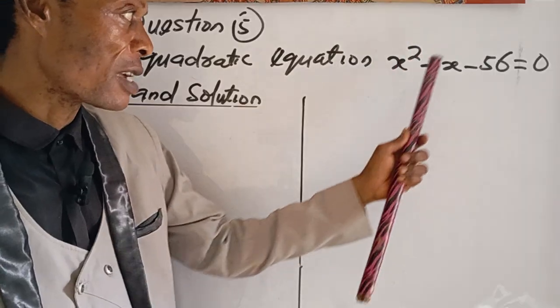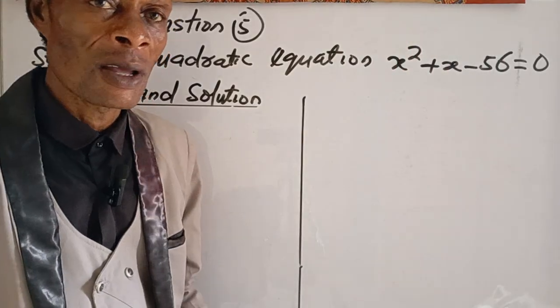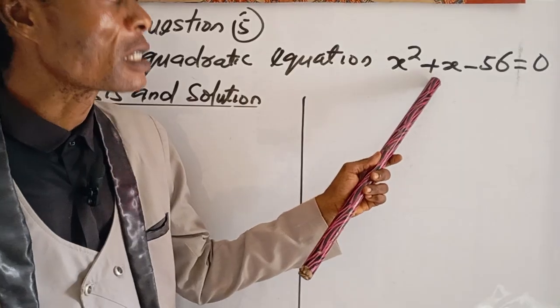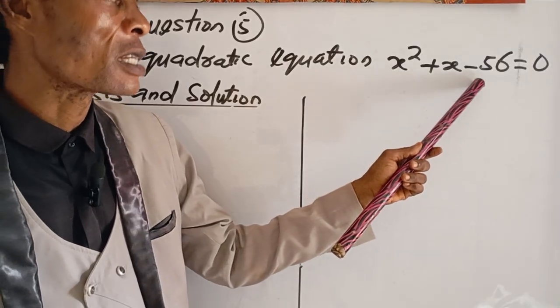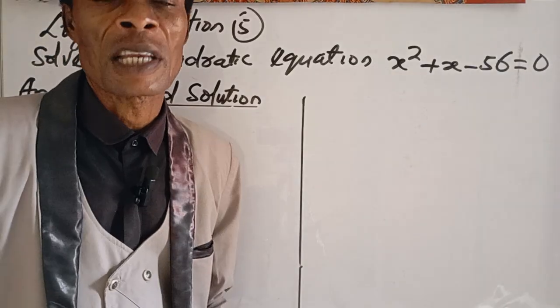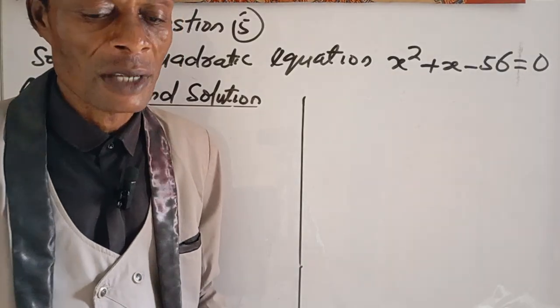This is the first term, this is the second term, this is the third term: x squared, plus x, and minus 56. And this minus 56 is always the constant term.